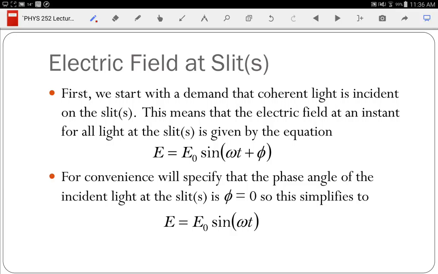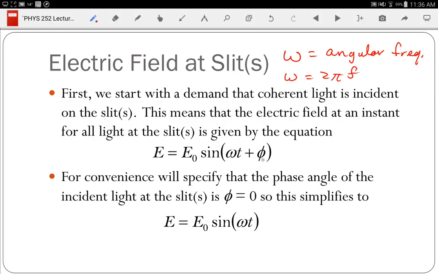Omega, what does that omega stand for? It's the angular frequency. So omega is 2 pi f because it's in radians, whereas frequency is in cycles per second.